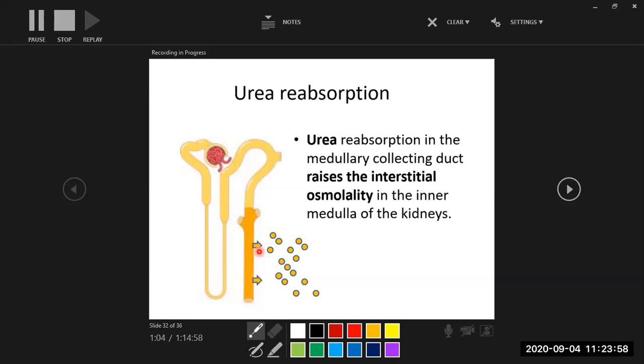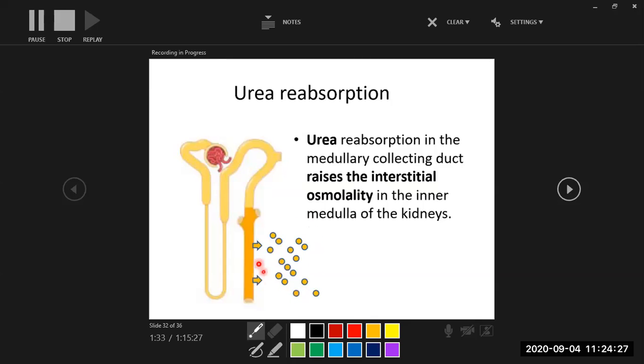It's waste, but it has some usability, and our body uses it. We reabsorb it back into our body. For what? In fact, we are not going to really use it per se. However, by taking it back into our body, it can increase the osmolarity in the interstitium.